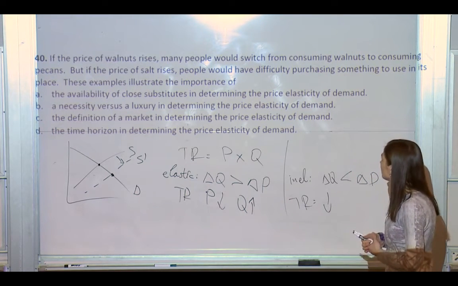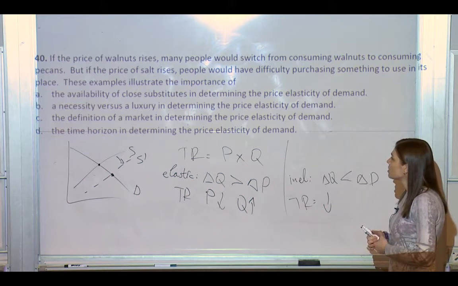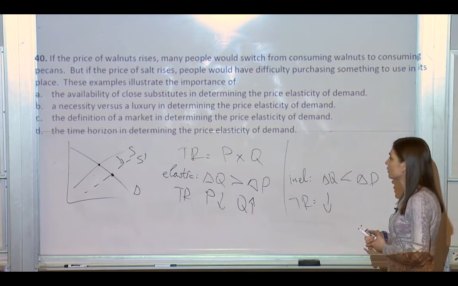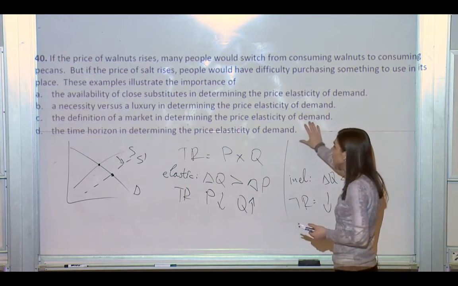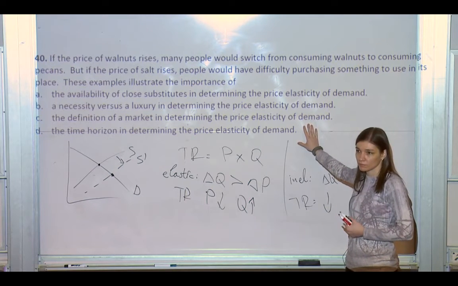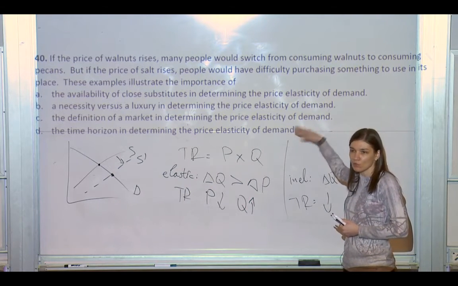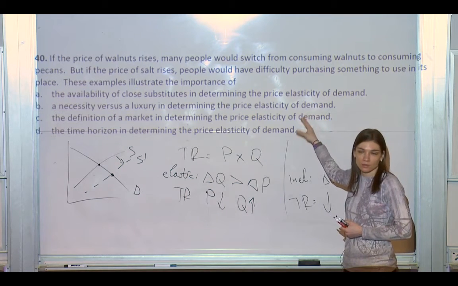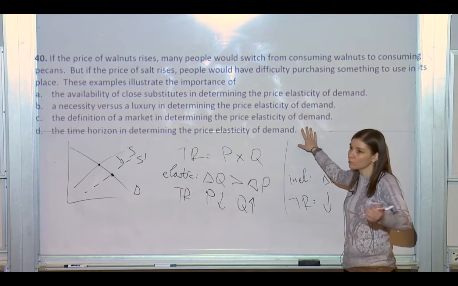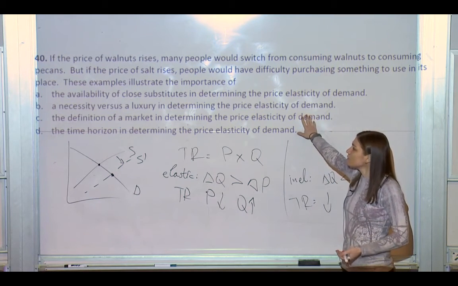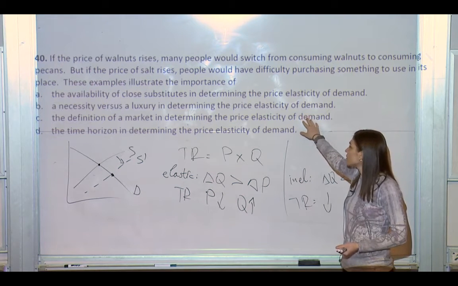Necessity versus luxury. Let's look at the time horizon in determining the price elasticity of demand. Are those examples of that? We're not looking at time, so there's no time component here, right? The definition of a market in determining the price elasticity of demand.